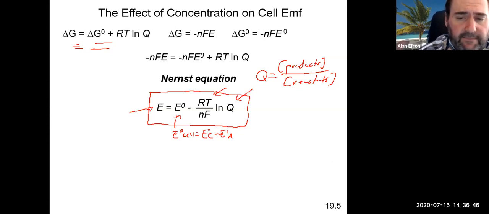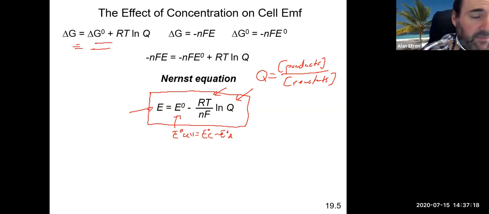So again, if something is not under those standard conditions, we would want to use the Nernst equation and see whether the reaction will become spontaneous or not. There is technically a way you could play with things like pressures or concentrations and potentially turn a reaction that normally is not spontaneous into a spontaneous reaction, or vice versa.